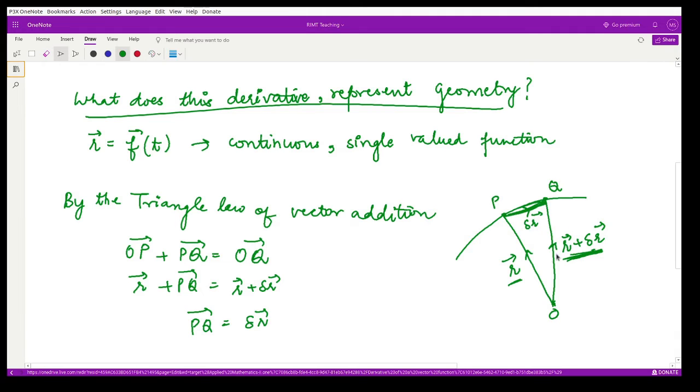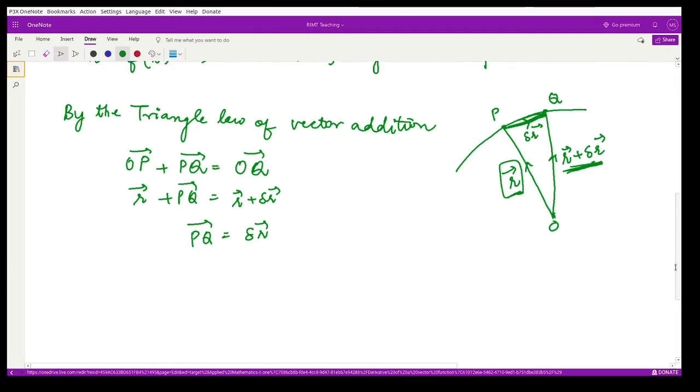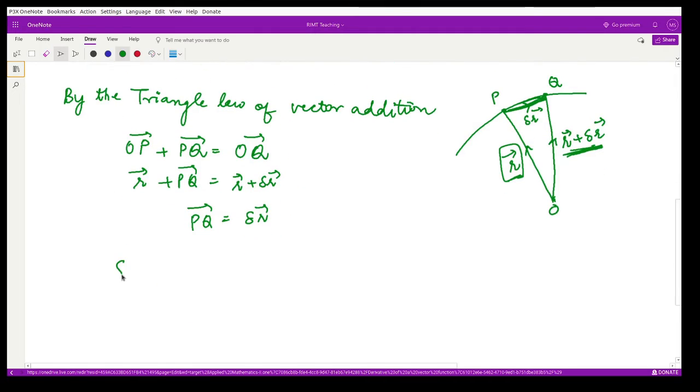Now once you have this distance, what do we want? We want to see the change in this position vector with respect to time. So what is delta r by delta t? Because we wanted to see what dr by dt is.